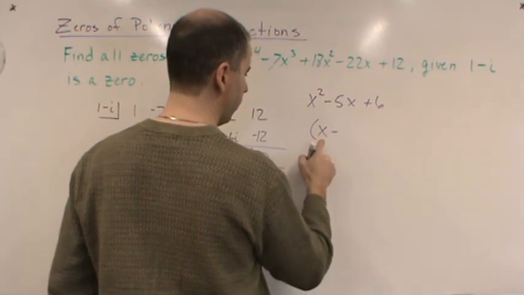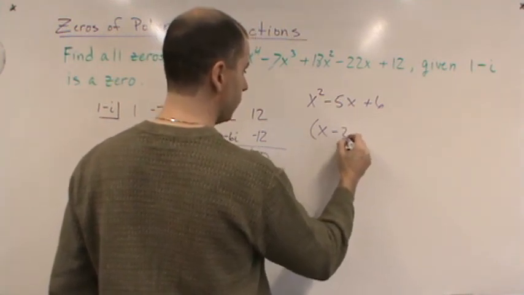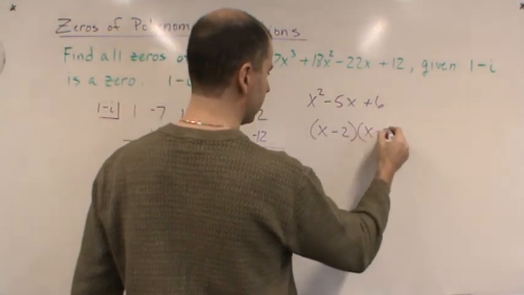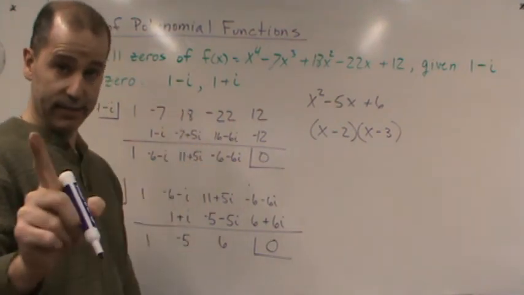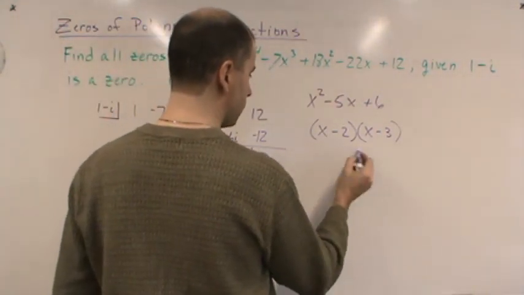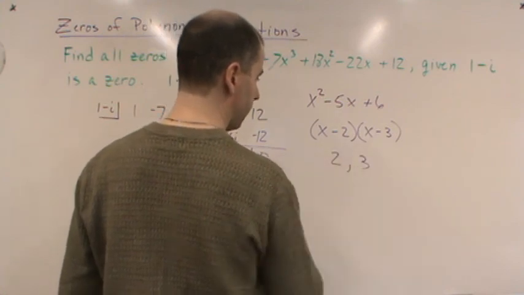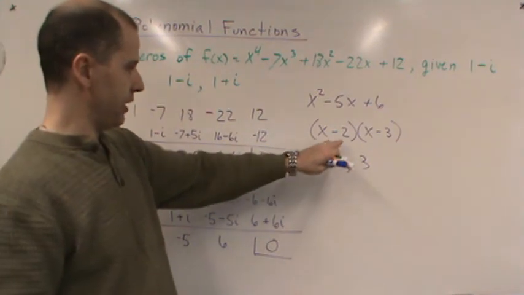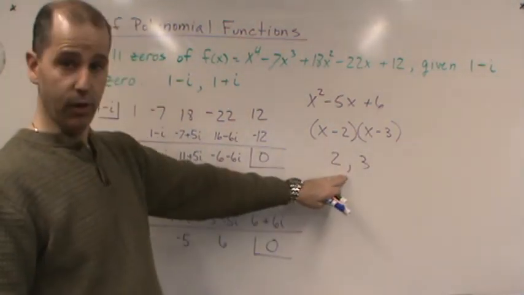So it's going to be x minus 2 and x minus 3 are the 2 factors, which, again, we're not done. These are the 2 factors. So now what does that mean? The 2 zeros are 2 and 3. Those are the 2 values that make either one of these 0. So those are the zeros.